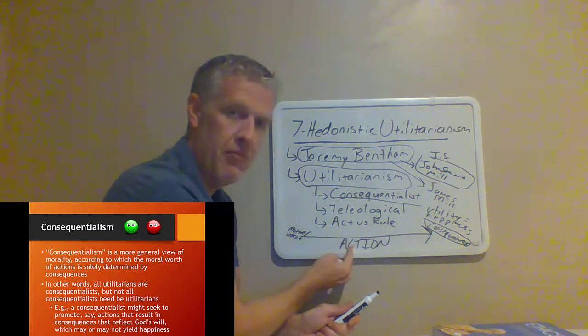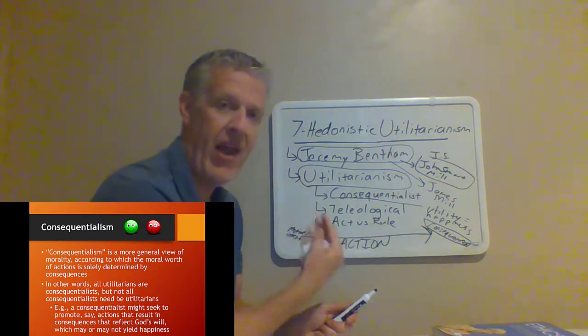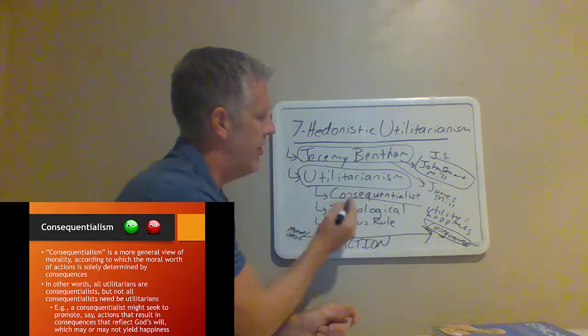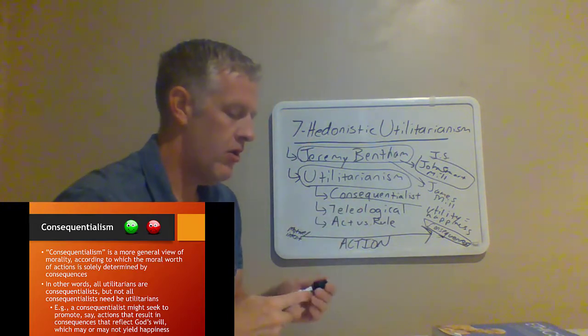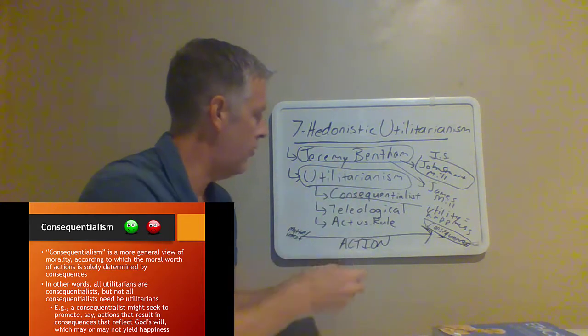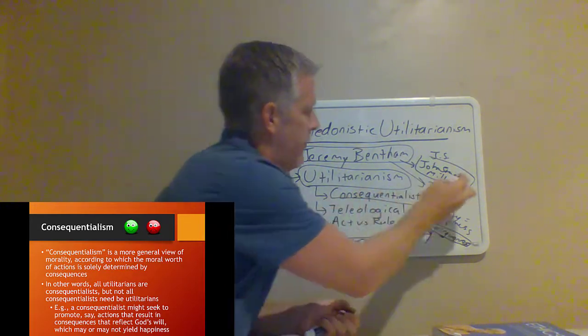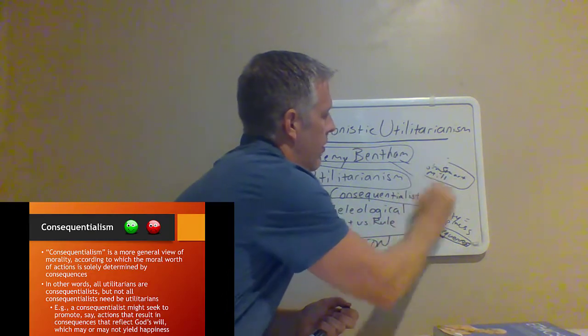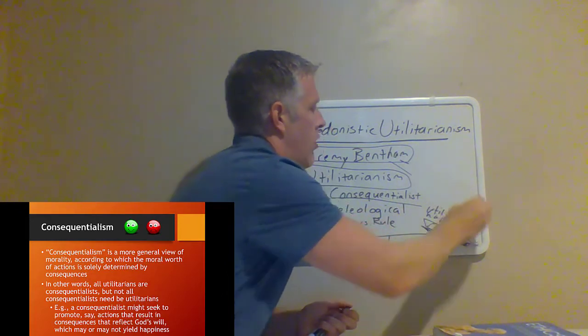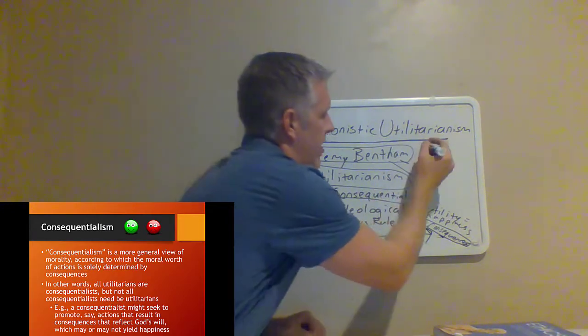That's how we measure the moral status or worth of an action: it has something to do with the consequences. That's why it's consequentialist. I want to take a moment to emphasize that consequentialism is a more general theory. Let me throw this in over here. So we're talking about the relationship between consequentialism and utilitarianism.